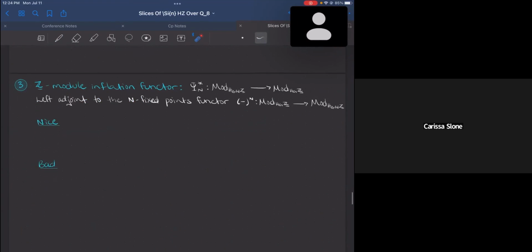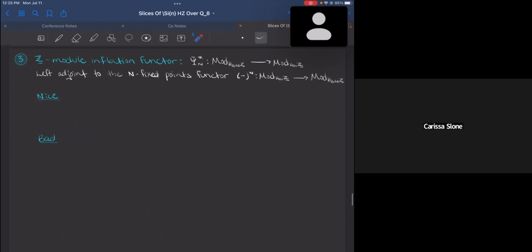And then finally, we have the Z module inflation functor, psi star N, from HG mod N Z modules to HGZ modules. And this functor is left adjoint to the N fixed points functor. Again, there are some nice things about this functor.